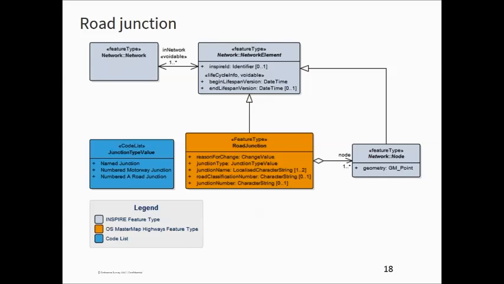We also provide the junction number, for example 9 or 10A, so it could have a letter in it where there is an actual junction number. We then also provide the association of all nodes, which is a list of all road nodes that make up the road junction, that are referenced by the road junction.